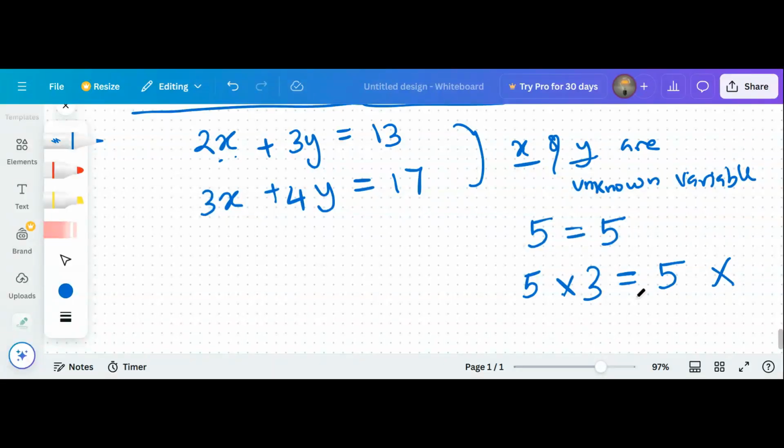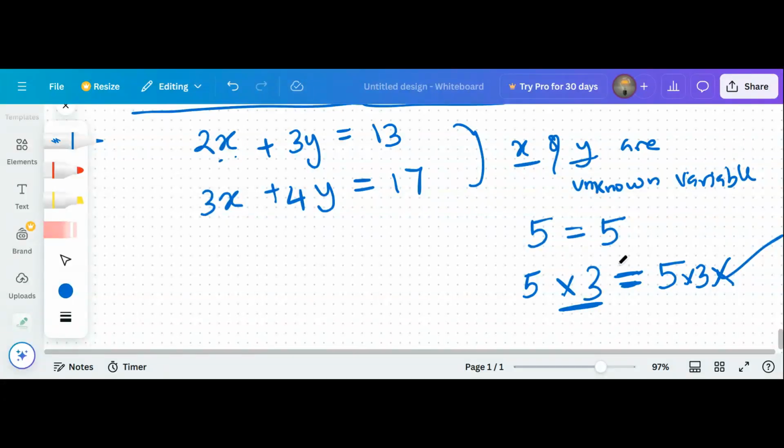No. Why? If I multiply the left hand side by 3, I have to multiply the right hand side also by 3. Then only this equal would be valid. Here 15 equal to 15, that is correct. So whatever you do in the left hand side, you have to do in the right hand side. Then only this equal sign would be valid.